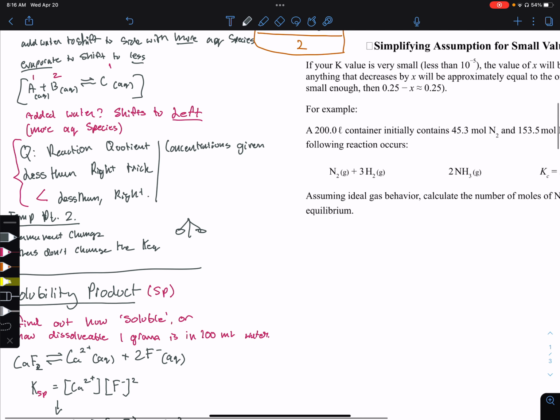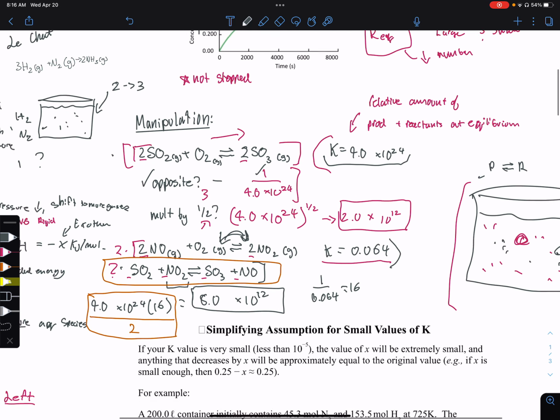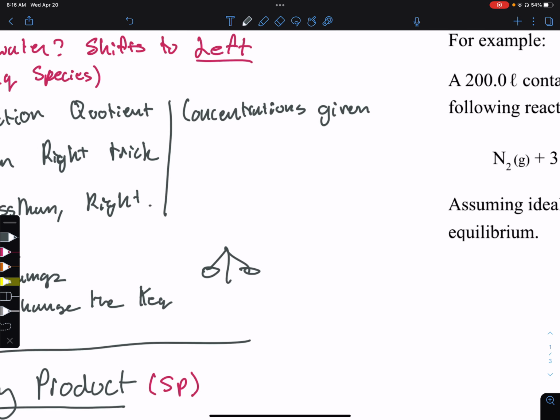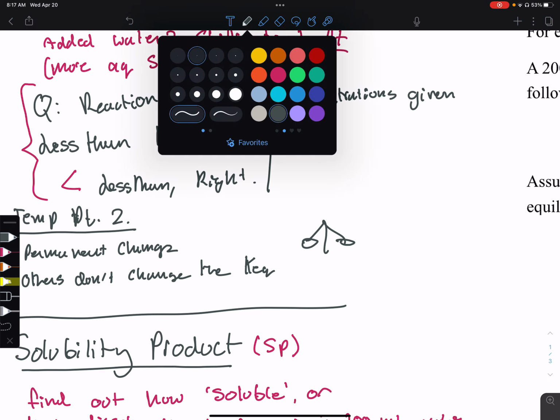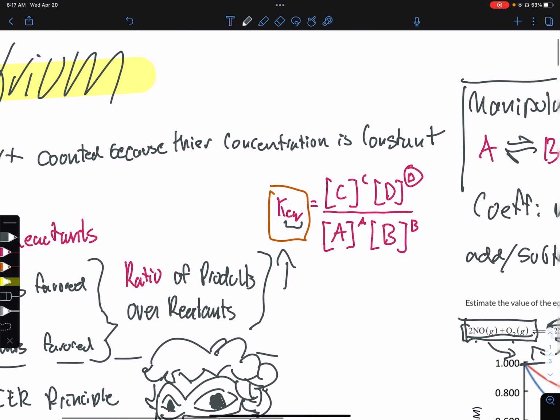Now, earlier I was talking about how we can compare to find out whether we're making the products or reactants. Like over here, I was talking about it. Essentially, we use something called a reaction quotient to find this. My teacher calls it fake K, because it's essentially the same equation as this.